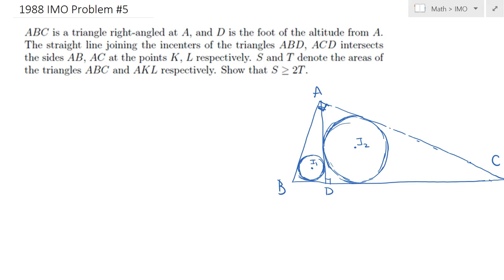But before I do that, I will make a few tricks here. So let me go ahead and do it with a separate color here. I will extend line AD first, and what I will do is I will reflect B across the angle bisector here.